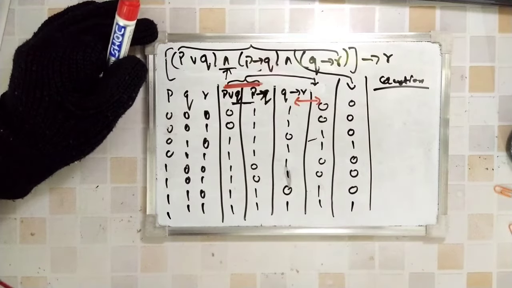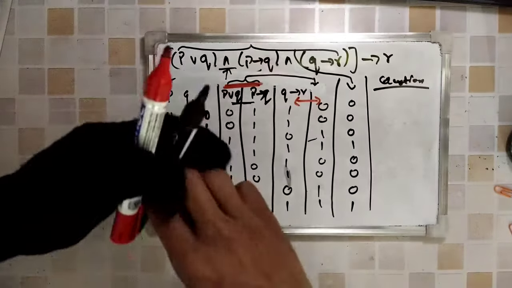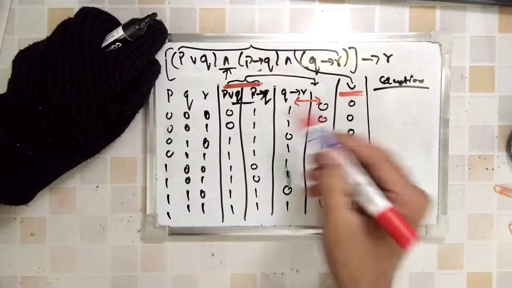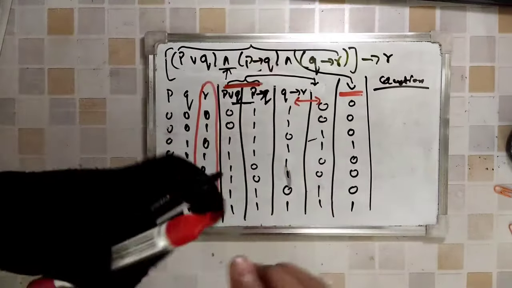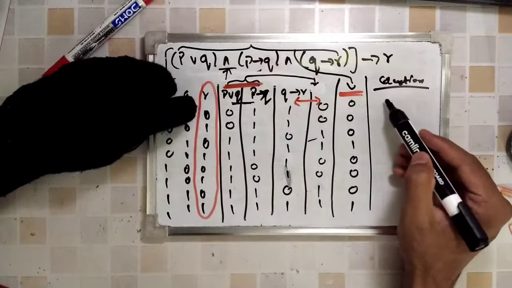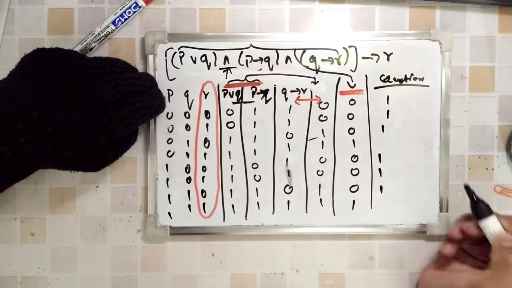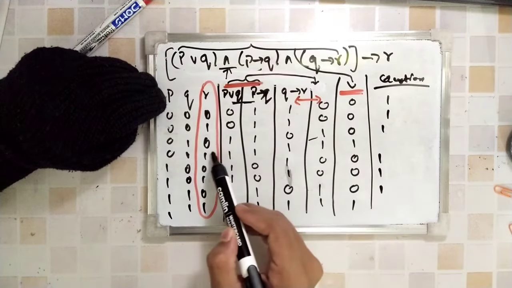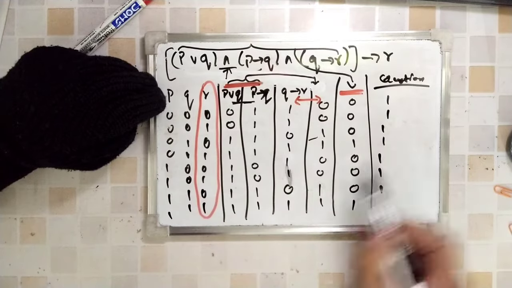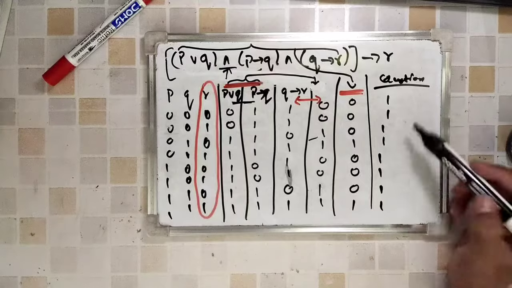Now this value will imply the R value. 0 to 0, wherever is 0, first I will put 1 1 1 1 1 1, and only in this place I will see. It is 1, 1 to 1 is 1, last place again 1, 1 to 1 is 1. So since we got all 1s, this is a tautology.